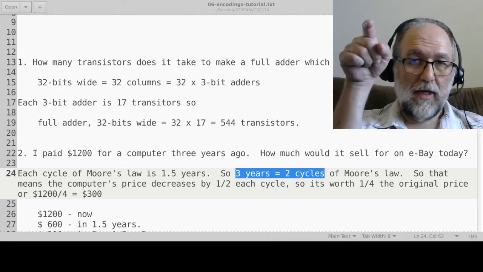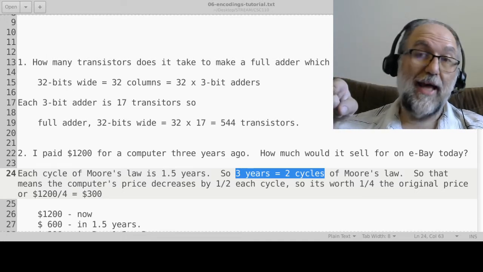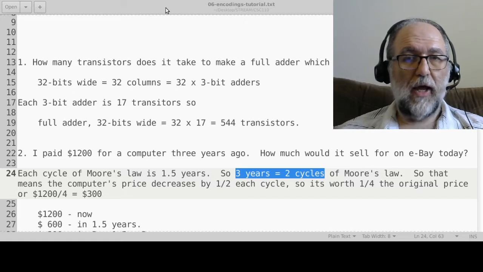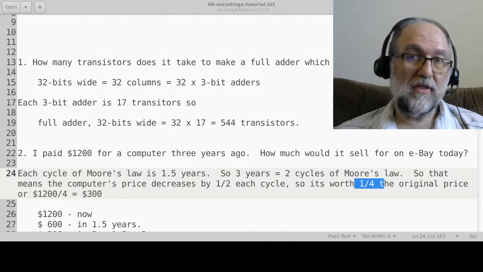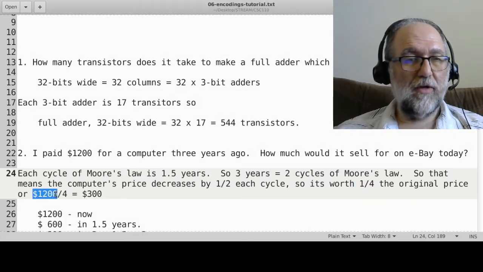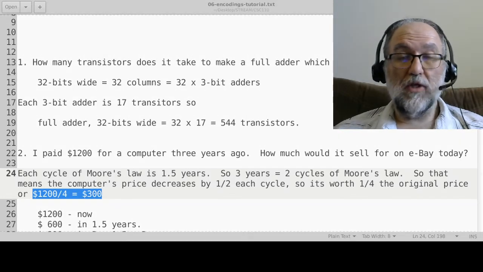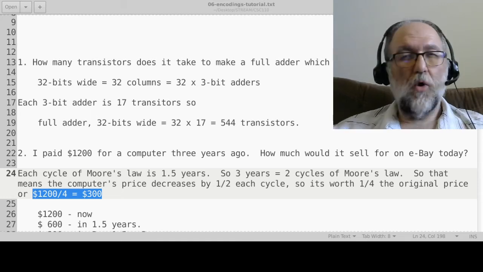In other words, the computer will depreciate in price to 1/2 of its original price, and then it'll do it again for the second cycle. So in all it's going to be 1/4 of the original price, because it's half of a half, which is a quarter, and a quarter of $1,200 is $300.